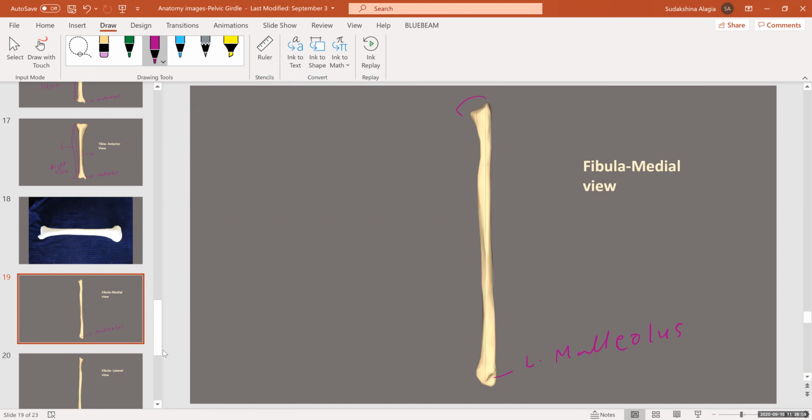So this is the head of the fibula, which is a little more obtuse as opposed to pointy. And lateral malleolus, the distal end.